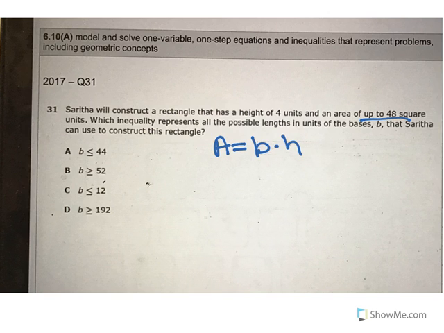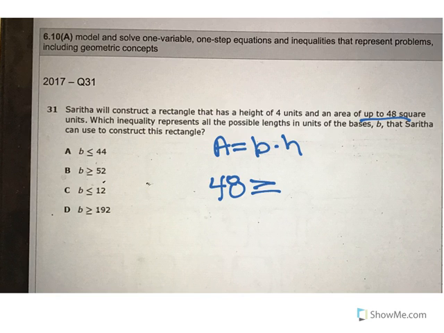So now we need to know that we can go up to 48, but we can't have a base that when I multiply a number by 4, I get a number greater than 48. So it has the equal sign because it can go all the way up to 48. It could equal 48, or it could be less than 48.